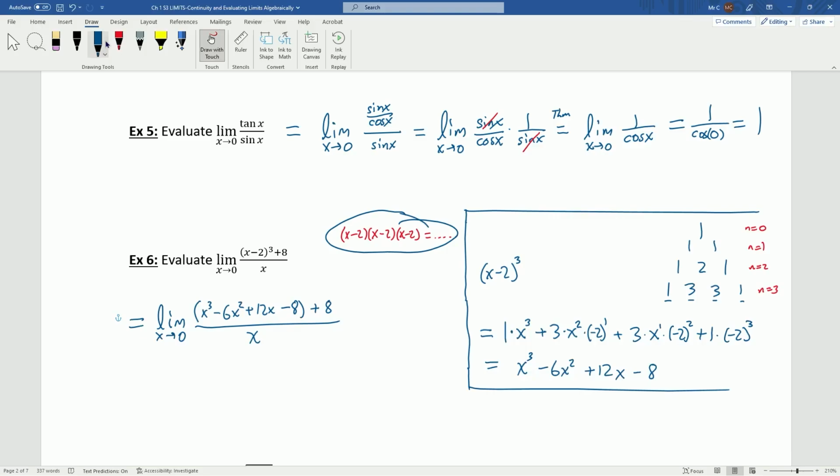So when I drop the parentheses and take the negative 8 plus 8, those cancel. I get x cubed minus 6x squared plus 12x, divided by x. Now up top, I'm going to factor the x out.